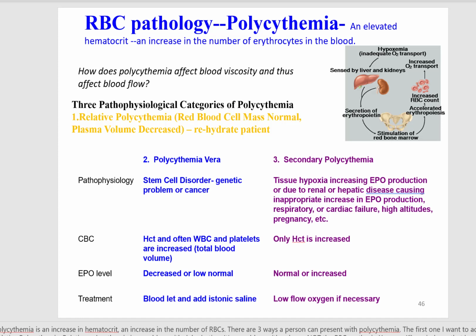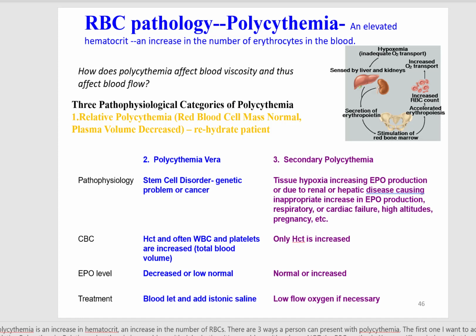If the whole blood column is reduced because the plasma compartment is reduced, then the red blood cell column would be bigger in the numerator compared to the denominator, and this would lead to a higher level of the hematocrit. This would suggest polycythemia. All we have to do is rehydrate the patient.